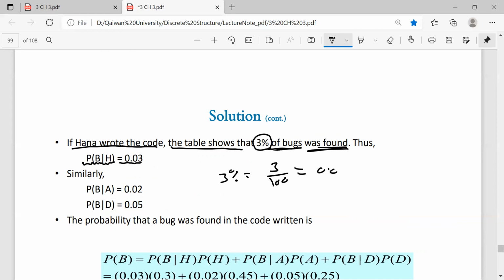That is 0.03. Okay, that's given above. And also the probability of B given A, if the code is written by Amir, then we find 2% of the bugs. That means the probability of B given A is 0.02, and also the probability of B given D is 0.05.